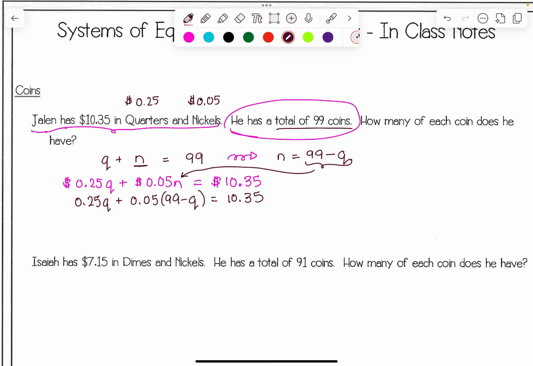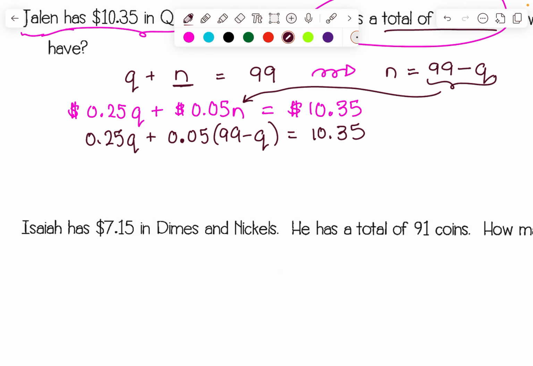$10.35. Now, several things you can do to go about this. You can multiply both sides of your equation by 100 to get rid of decimals, or just go with the flow. I'm going to go with the flow. Here we go. Bring down your 0.25q, and I'm going to apply the distributive property here. Make sure you apply it to both terms inside of your parentheses.